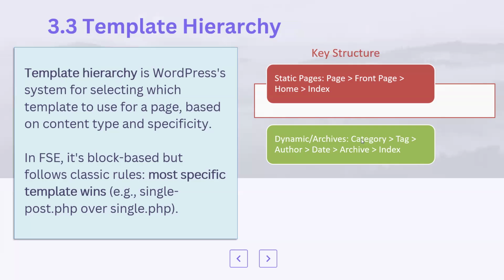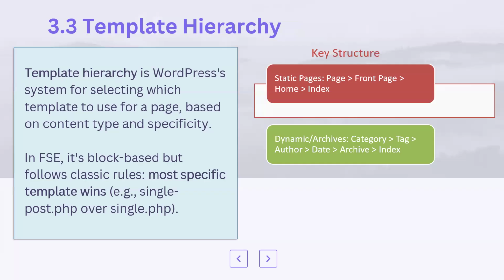Maybe if you have a category like math, all the posts you create and you select the category of math will be displayed using the math category, unless maybe you specify with a tag, unless you specify with the author. So if you're creating a WordPress site with a lot of information, you can create different templates to display different information.